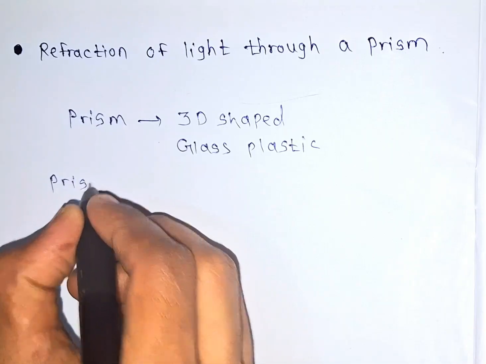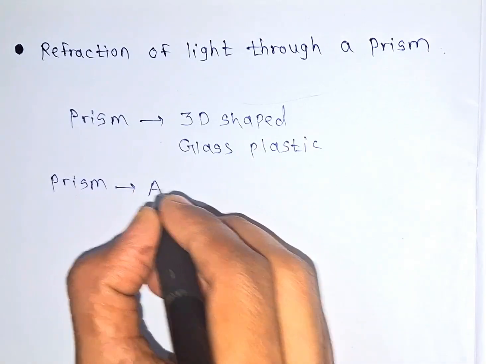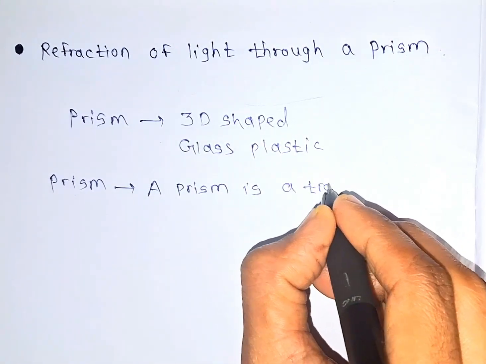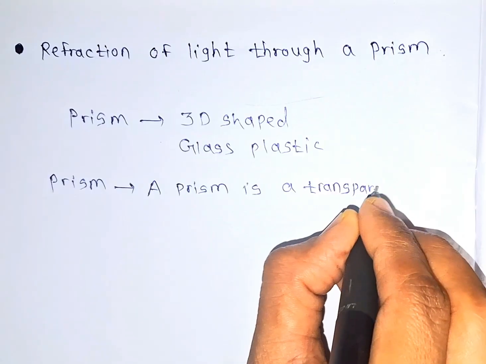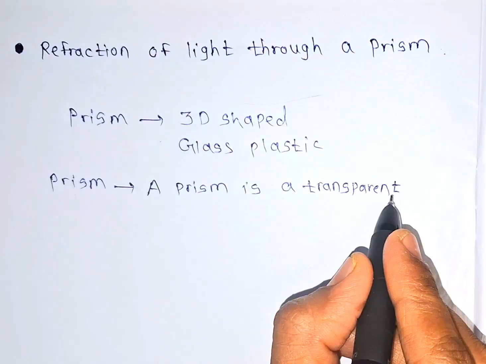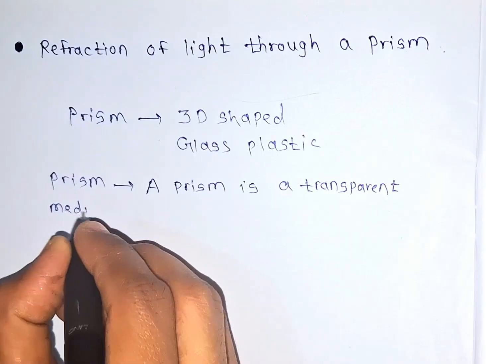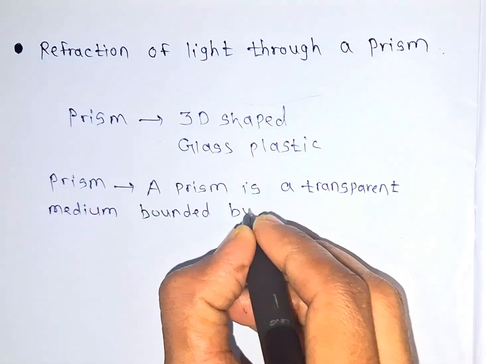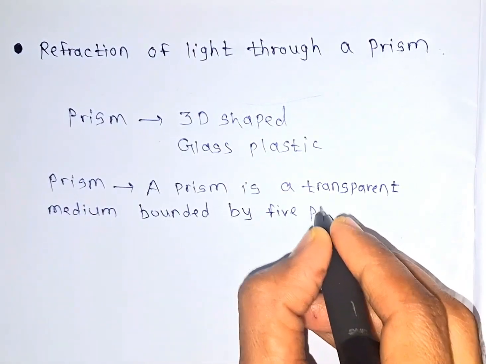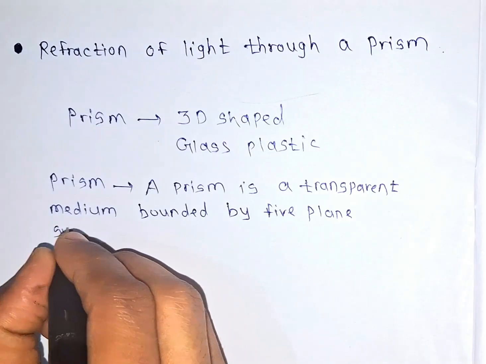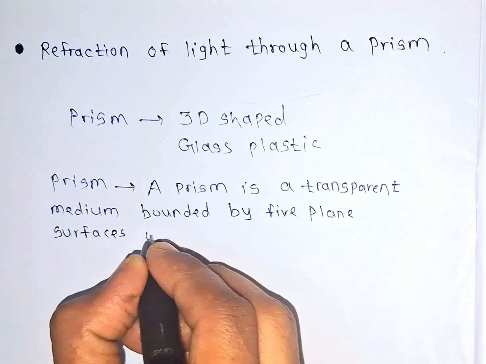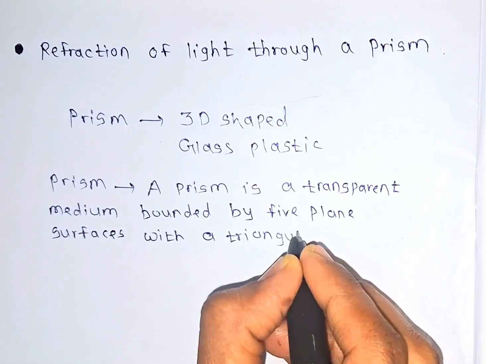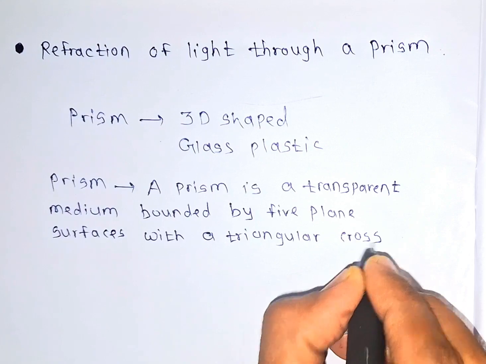Prism, book definition. Prism is a transparent medium bounded by five plane surfaces with a triangular cross section.